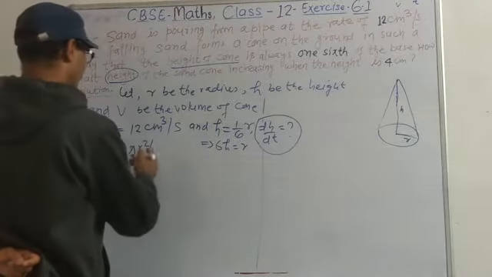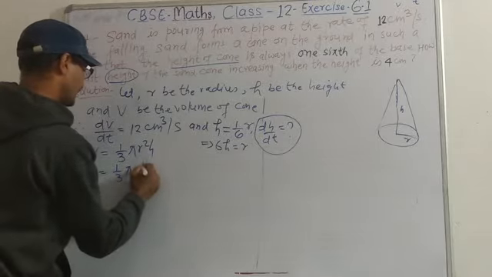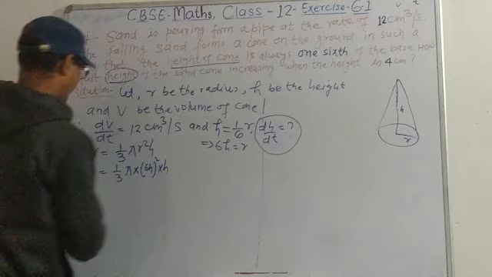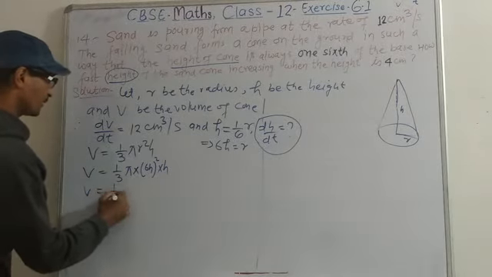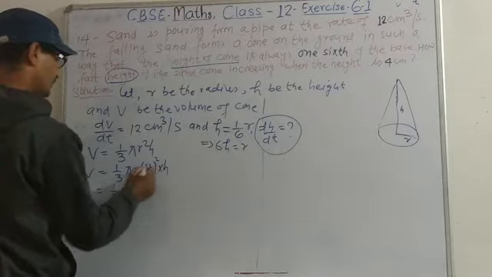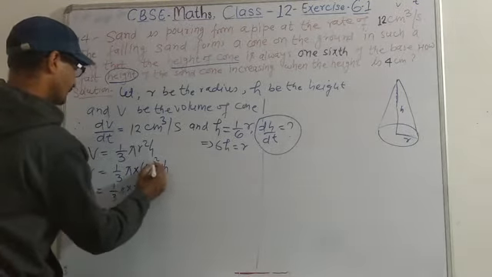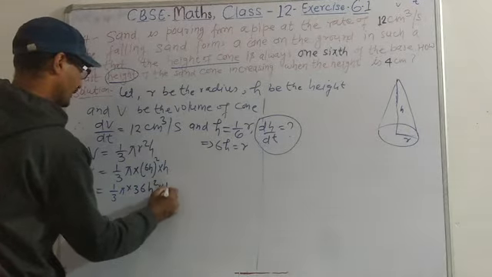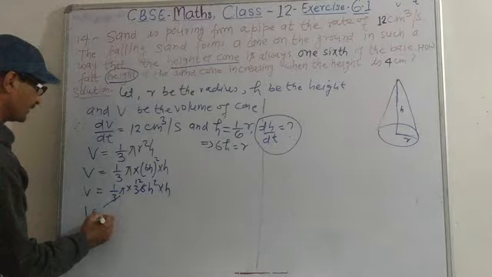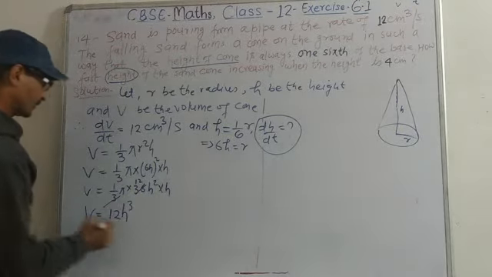Because we have to find h, in place of r we write (6h)² into h. So V = 1/3 π × 36h² × h. So 3 into 12 is 36, V is getting 12πh³.